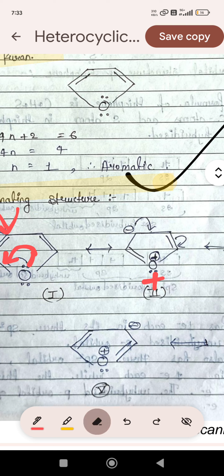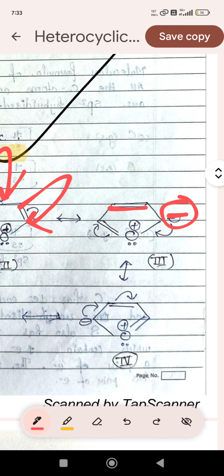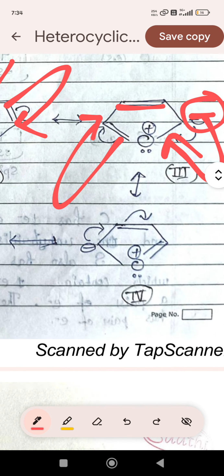In the next step, what happens? The charge is shifted towards the bond and the bond will shift towards the carbon. Then the new bonds are formed and new charges are generated. In the next, these charges will move towards the bond and these bonds move towards the carbon, and there is the formation of new bonds and new charges.